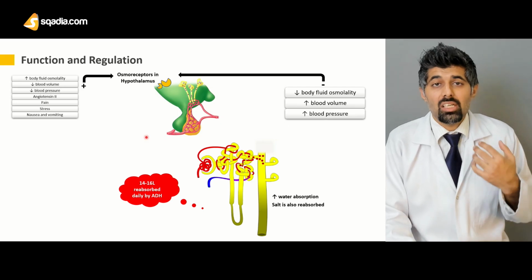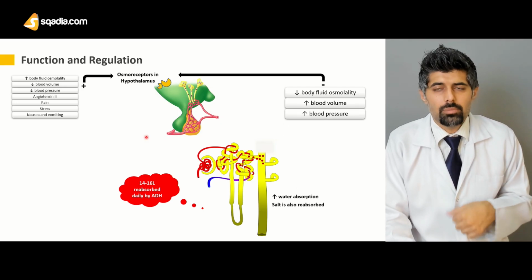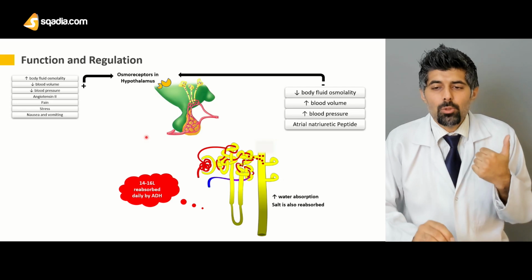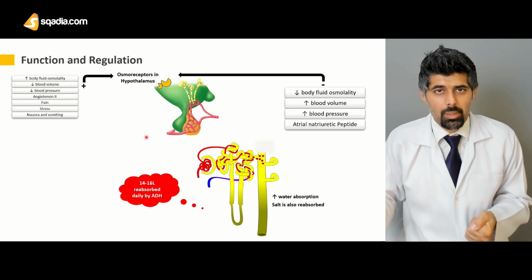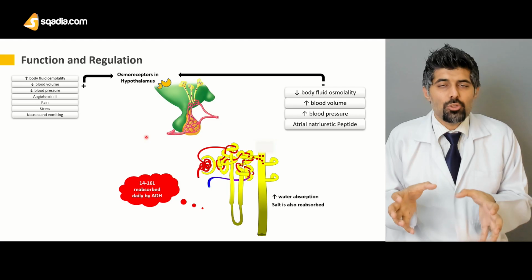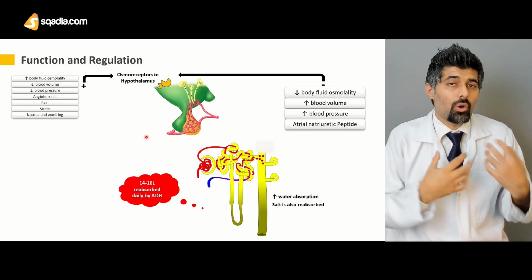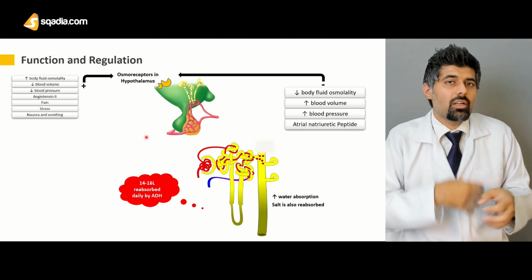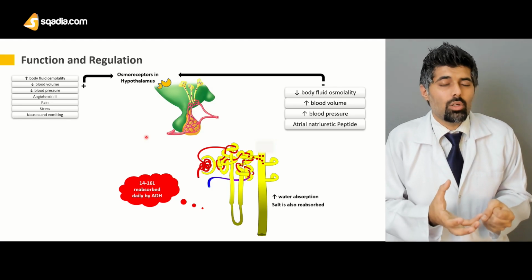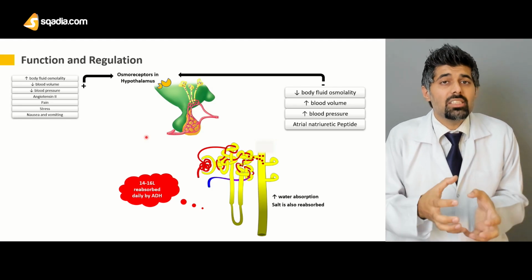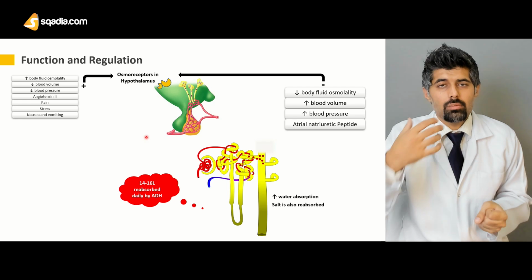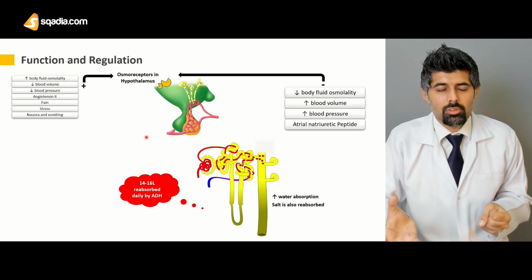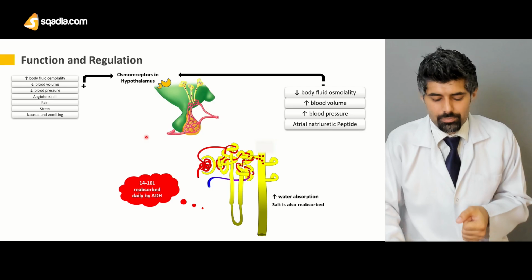It can be due to increased blood pressure. It can be due to atrial natriuretic peptide. Now, ANP usually has an effect on the heart, and because it has an inotropic effect on the heart, it causes increased blood pressure, resulting in hypertension.